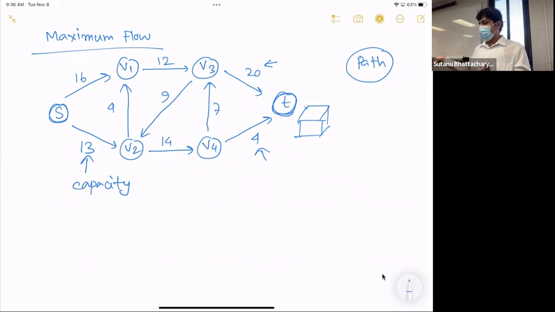So one path can be S, V1, V3, target node. This is one path, right? Now S to V1, the capacity is 16. V1 to V3, the capacity is 12. V3 to T, the capacity is 20. Now tell me how much actual liquid you can flow from source to target through this path.